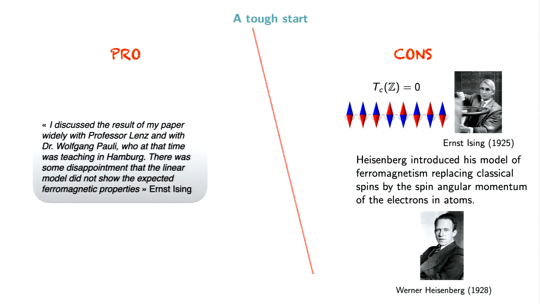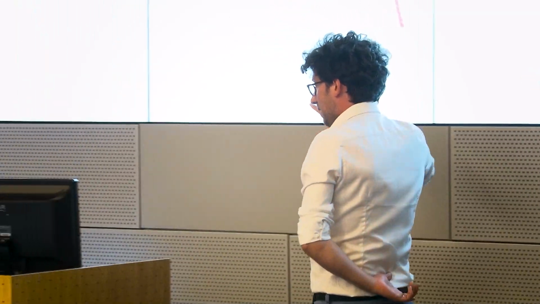But something that was more troublesome is that Heisenberg introduced at the same time, and you have to put into emphasis that this is the 20s, one of the golden ages of quantum physics, another model for ferromagnetism, which is really based on quantum physics. And we know that ferromagnetism is a quantum phenomenon.